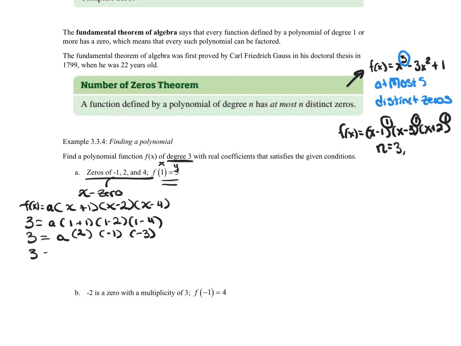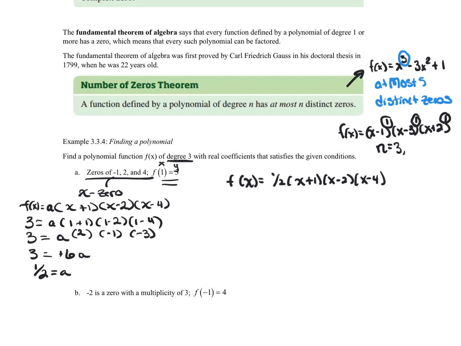So it's going to be 3 equals 2 times negative 1 is negative 2 times negative 3 is going to be a negative 6a. Nope, sorry, positive 6a. Negative times a negative is positive. And then divide the 6 over. So 1/2 equals a. So now we can write our polynomial as f of x equals 1/2 x plus 1, x minus 2, x minus 4.